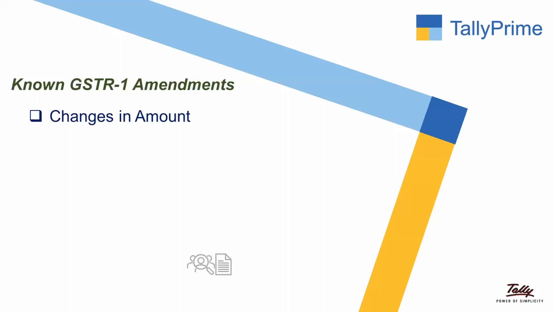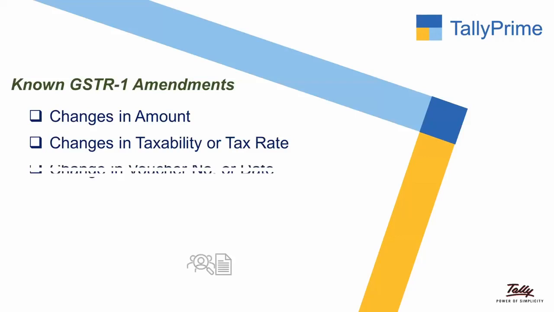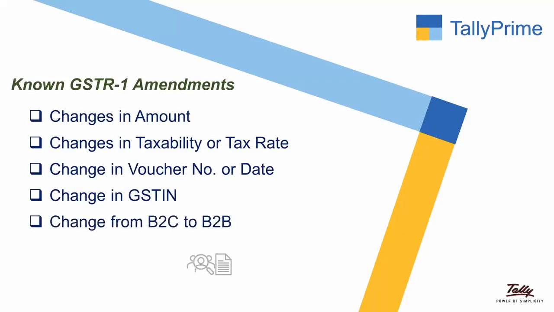If we happen to change any amount, or erroneously uploaded values in the GSTR-1, then taxability or tax rate changes. Then voucher numbers, invoice numbers or invoice dates erroneously done. Then GST number erroneously done. All these amendments are taken care of.